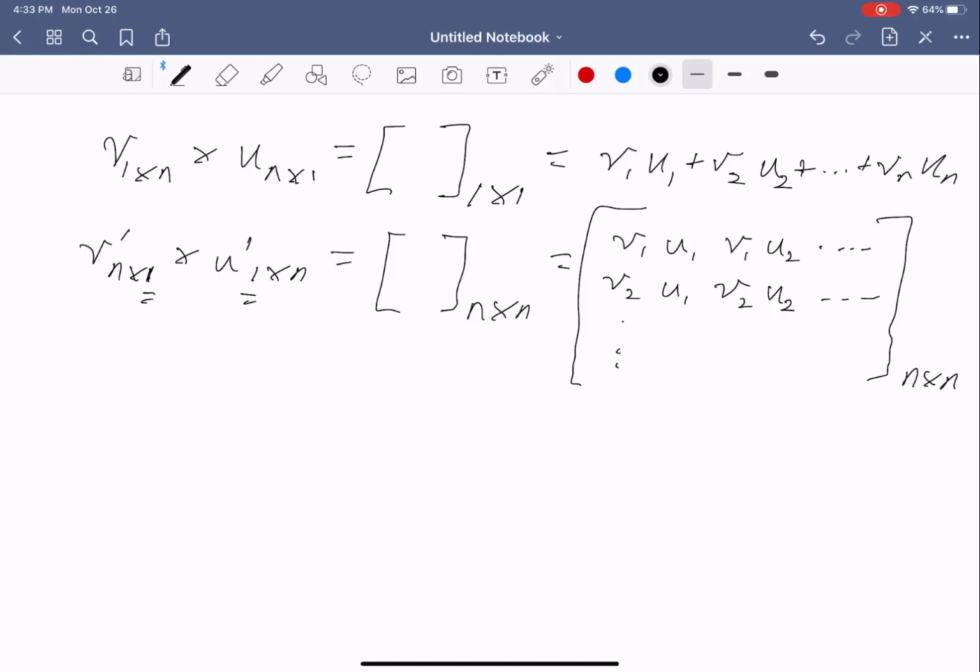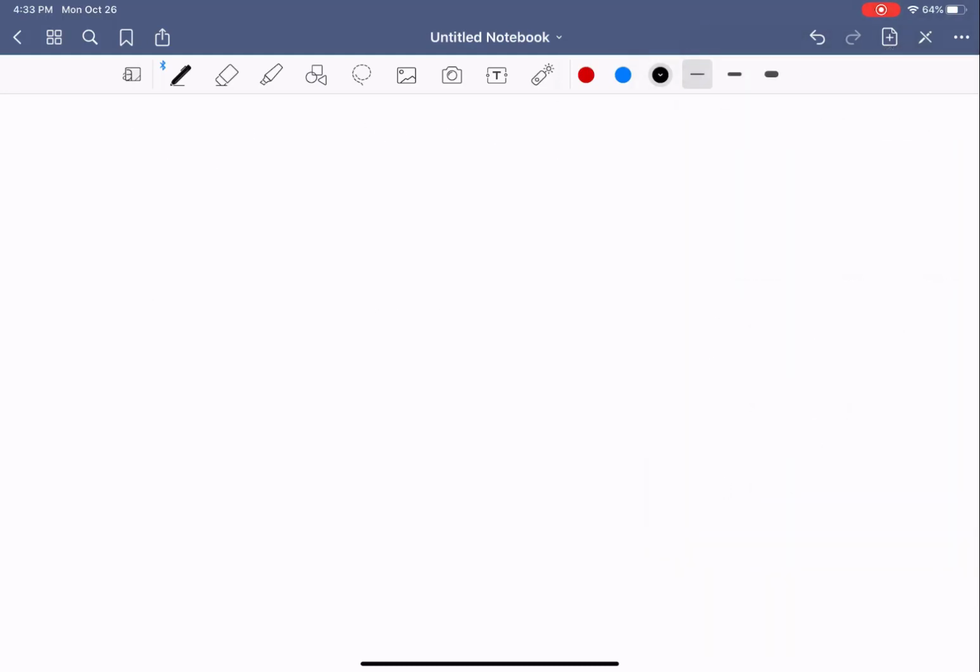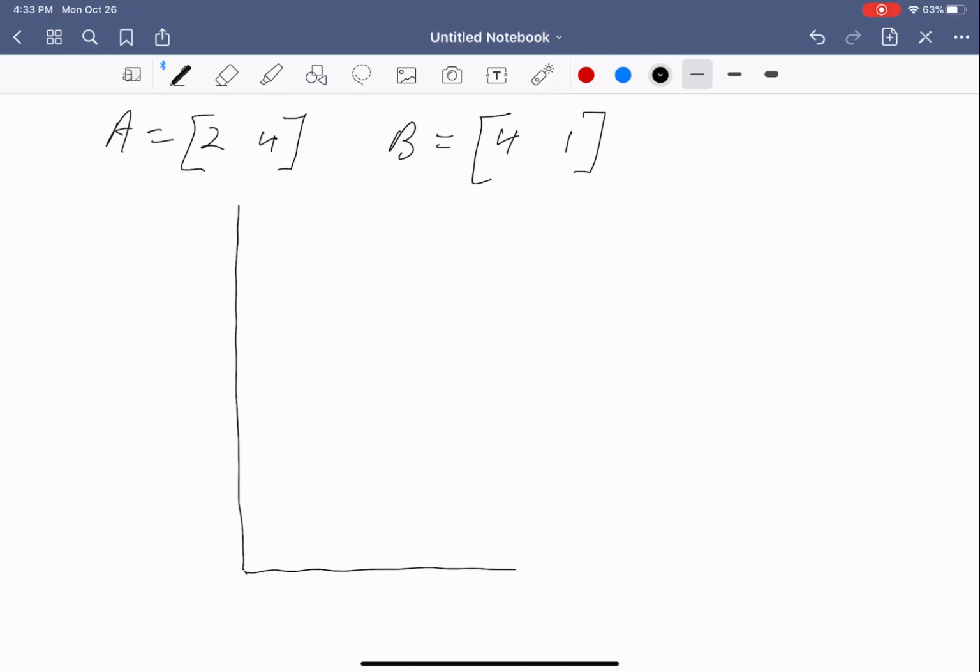So now we're going to look at vectors in terms of diagrams. So I'm going to do a fresh page here. All right, let's let A be a vector 2, 4, and B be a vector 4, 1. Now, why is this of interest? Well, let's just draw a Cartesian plane, and we'll see how good my hand drawing is here.